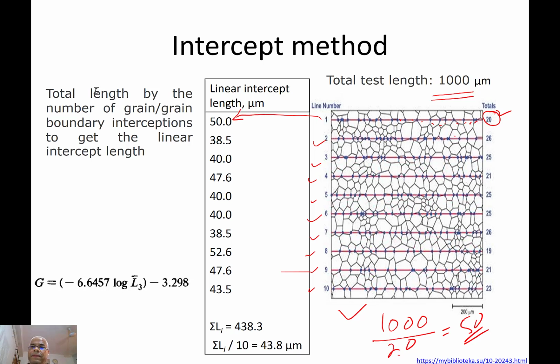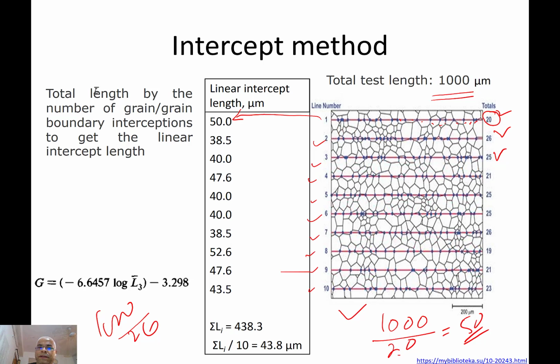Likewise, in the second line there are 26 intercepts, so 1000 divided by 26 gives us 38.5. Another one has 25 intercepts on the same length, but the number of intercepts changes depending upon the size of the grains coming across.